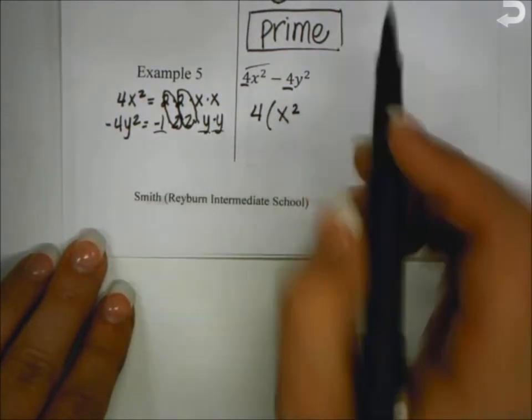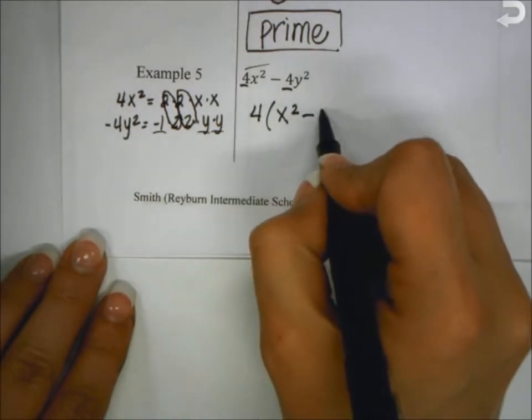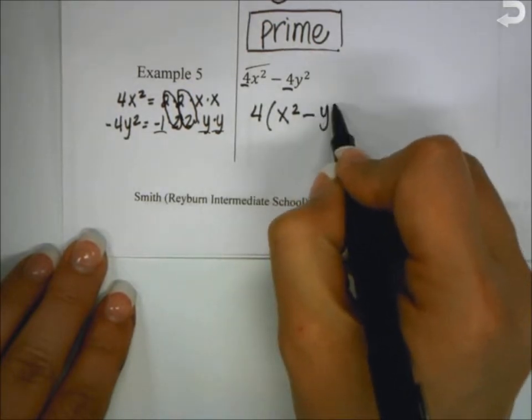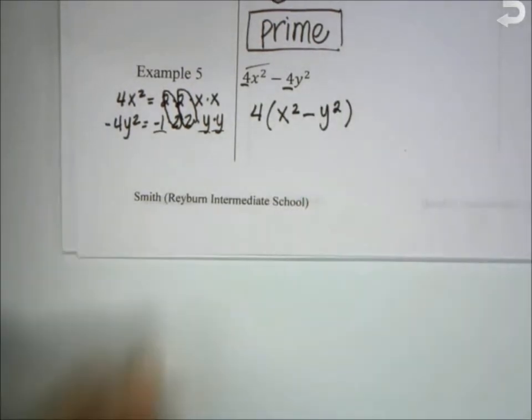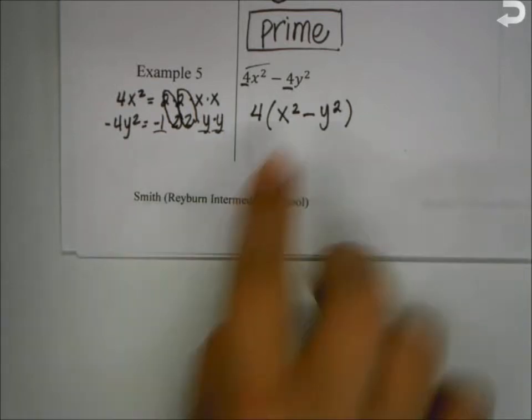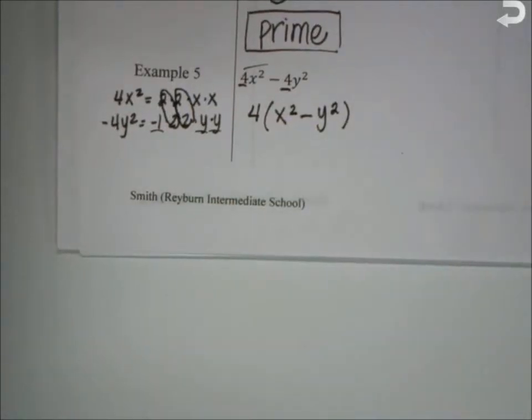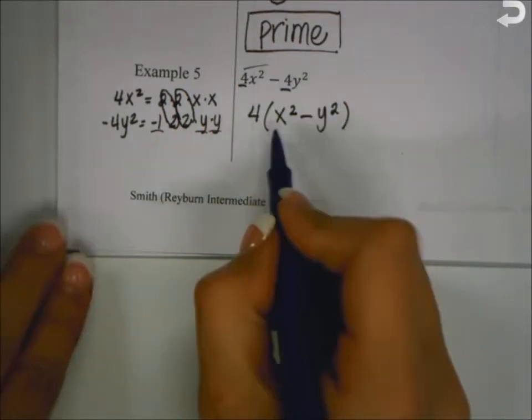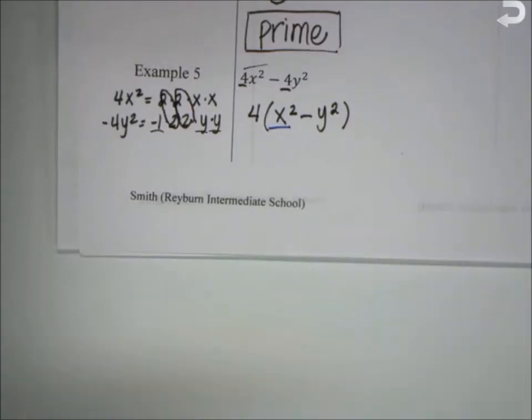Is this a difference of 2 squares on the inside? Yes, it is. We have x squared and y squared. So how would I break that up? Well, the first thing that we have to do is we bring down that 4. That's the GCF. We're always going to be multiplying the answer by 4.